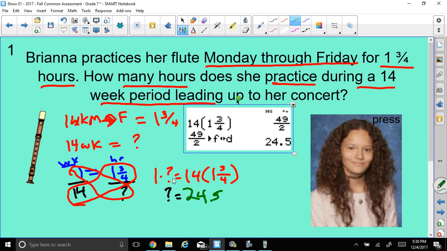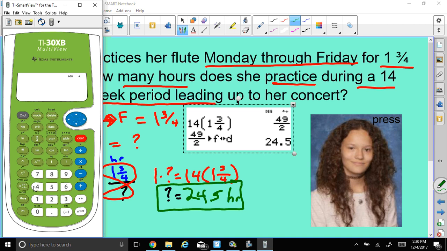Now, some people don't like using a fraction like I did. You might want to use a decimal. If you take a look at my other video, how to change fractions to decimals, it'll help you out. So let me just get my calculator real quick. Let me clear that. So our fraction was 49 over 2.